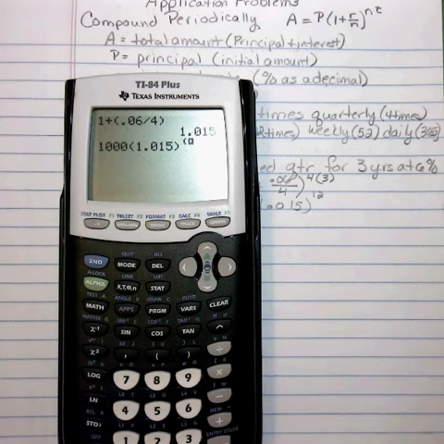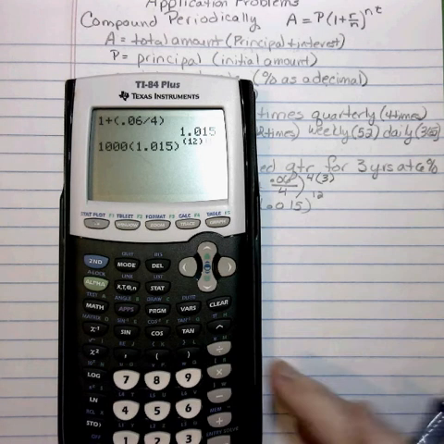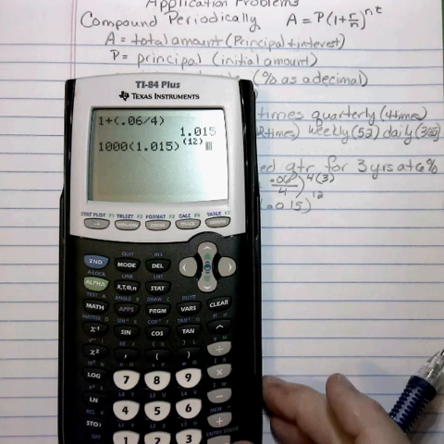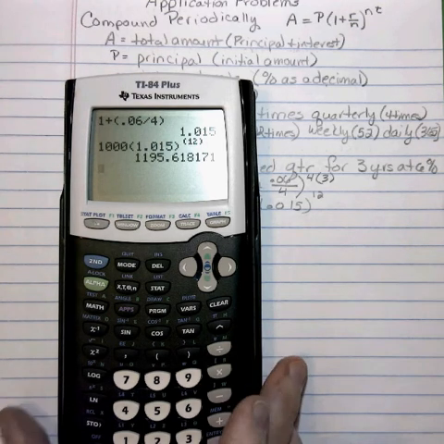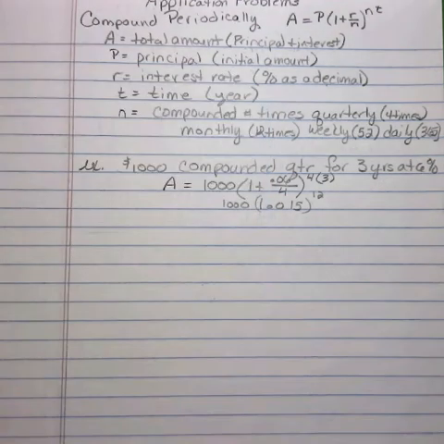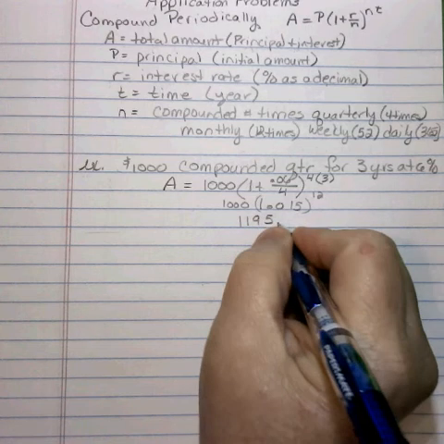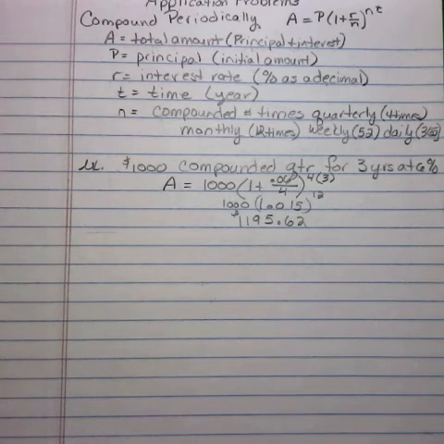I'm going to put parenthesis 12 to be sure it is represented correctly there. And then put that in the calculator, and there's my final answer. Since I am dealing with money, I am going to round this to the nearest cent. So that is $1,195.62 for my total amount.